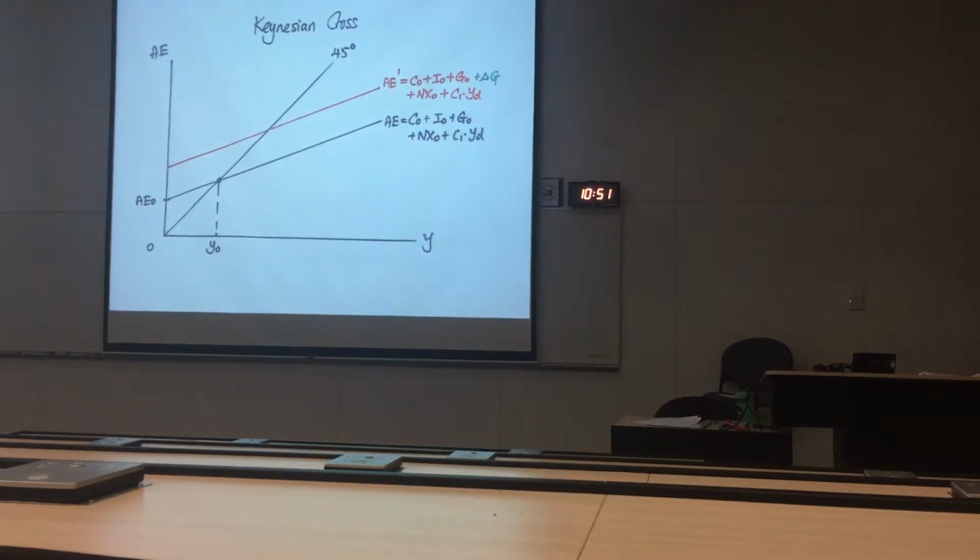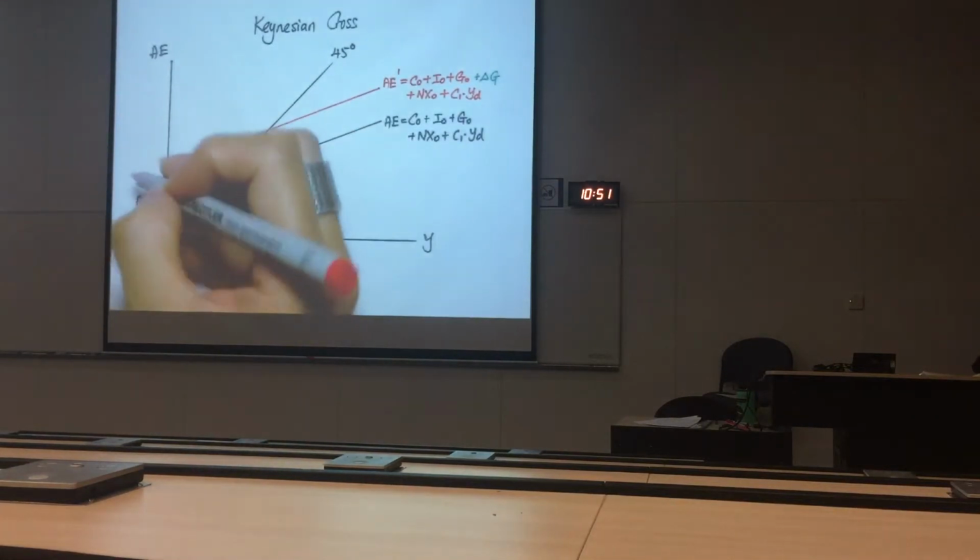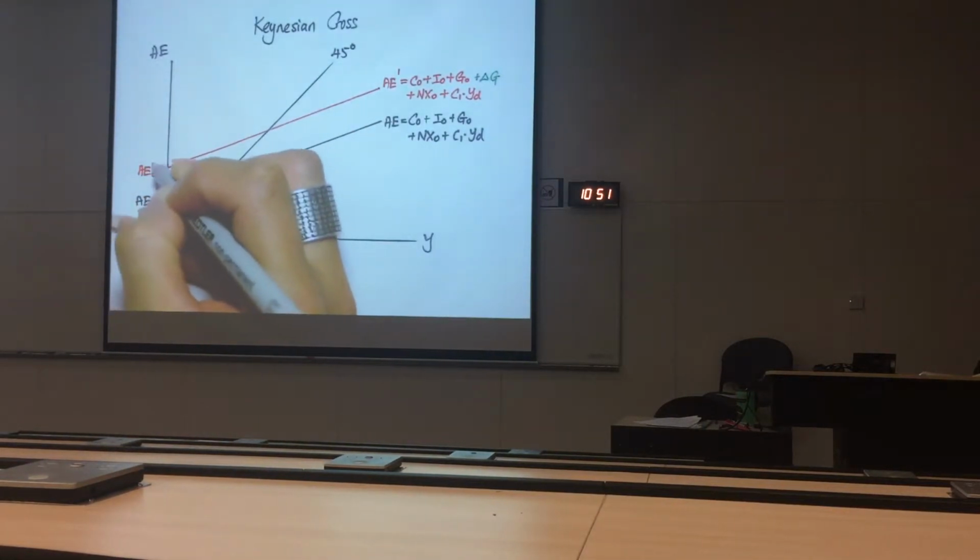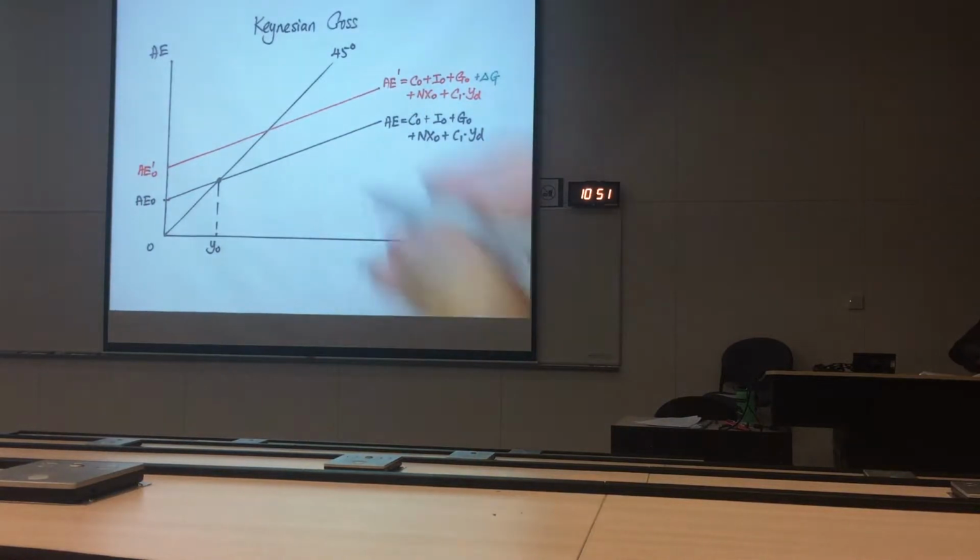So what you get here, you will get a higher level of AE prime, but you see the intersection here.